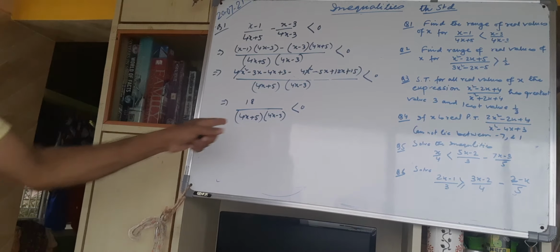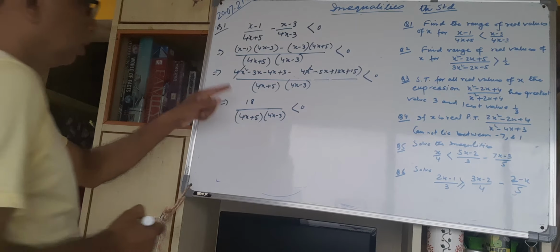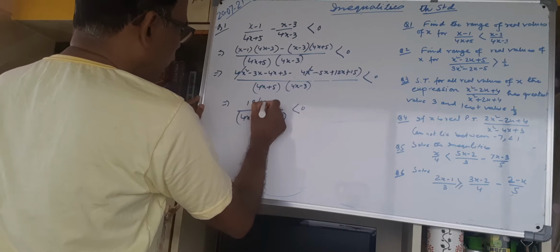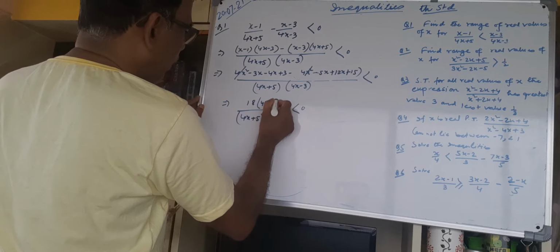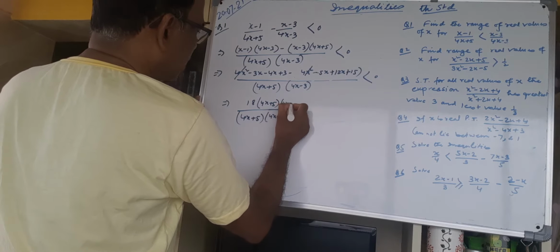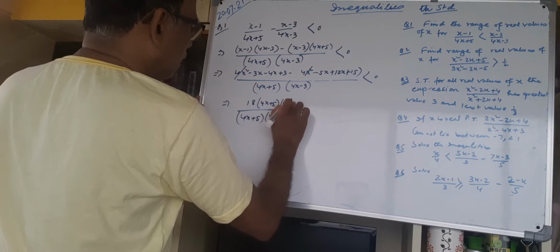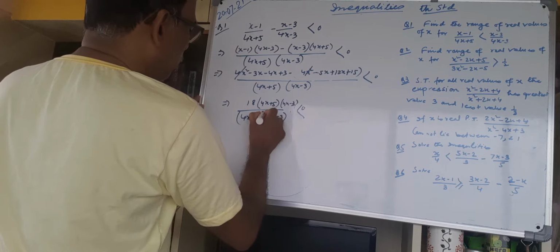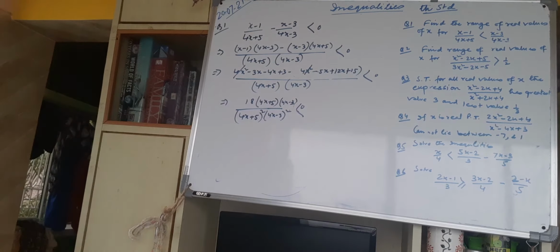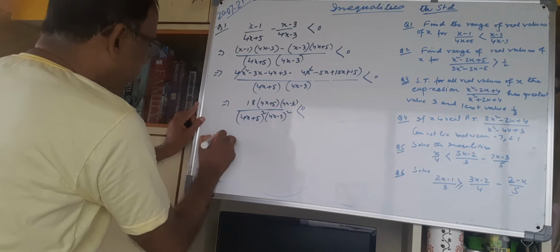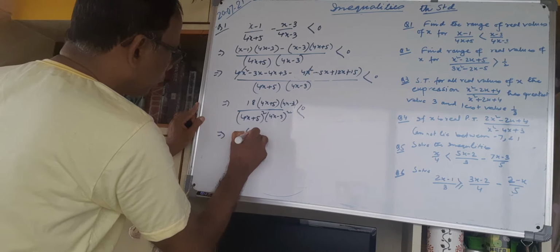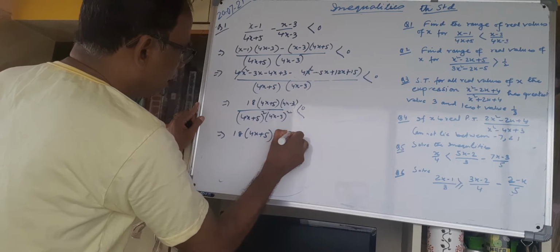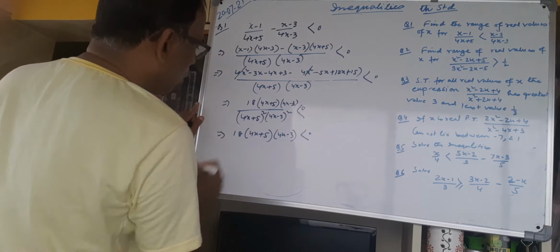Now if we multiply both numerator and denominator by (4x plus 5)(4x minus 3), the denominator will be square. Okay, that means we can write 18 over (4x plus 5)(4x minus 3) less than 0.